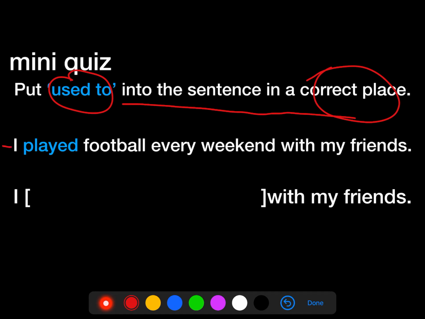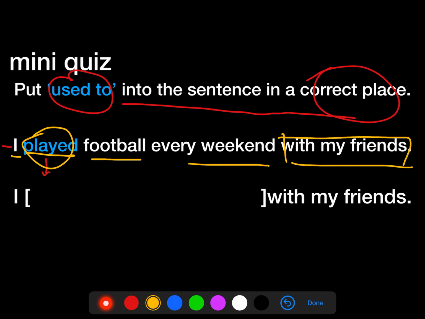So, we need to change the sentence into the sentence with used to. Okay, let's read the sentence slowly. I played football every weekend with my friends.